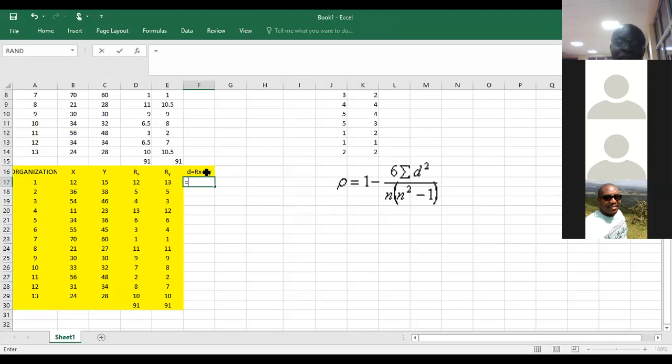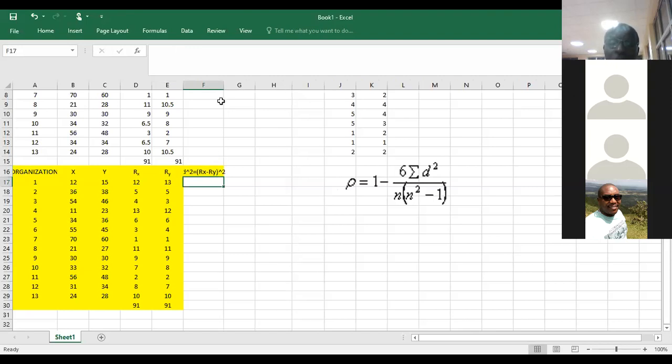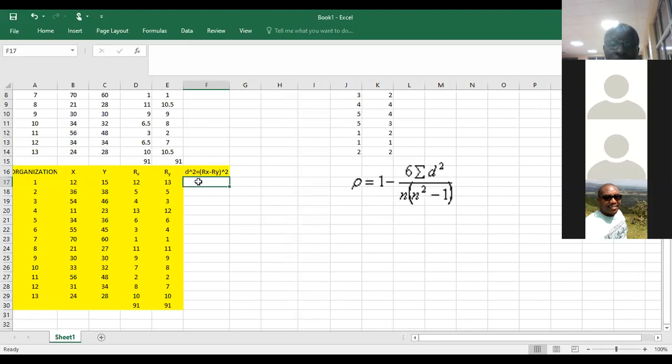So I'll square this rather than wasting time with a lot of steps, because you need to square this as per the model. So I determine my D squared. This squared is basically bracket this minus that, bracket whole squared. And that is it.